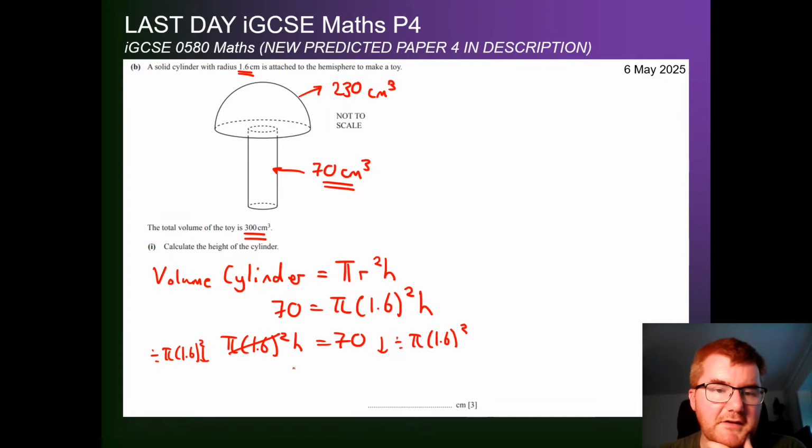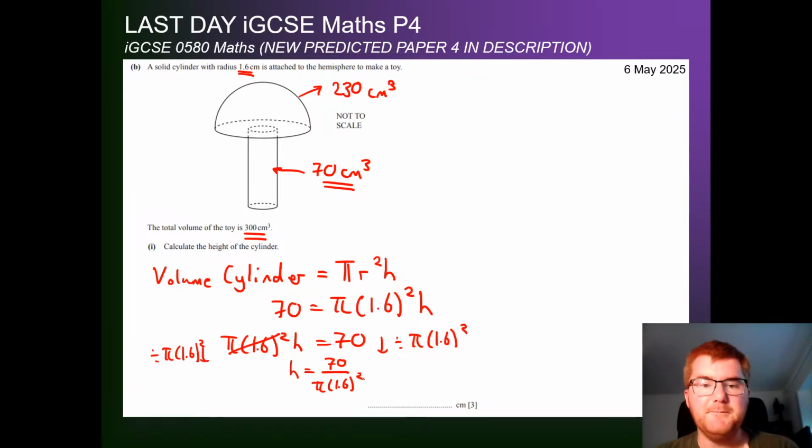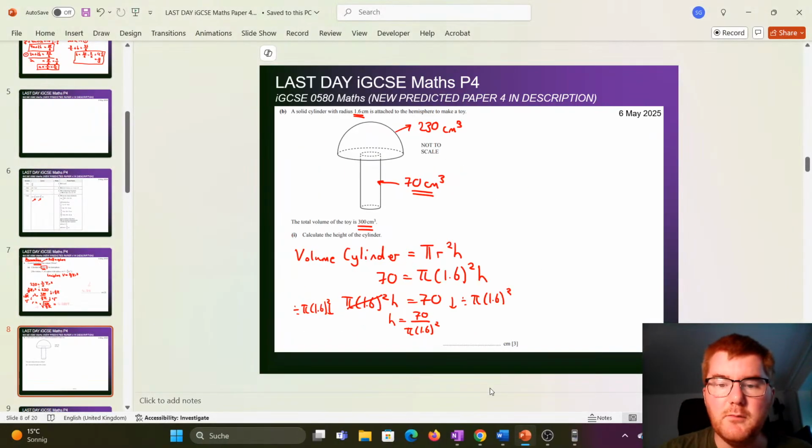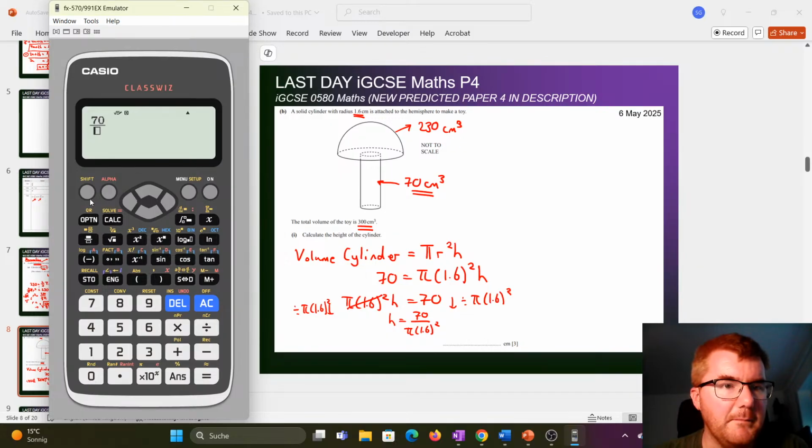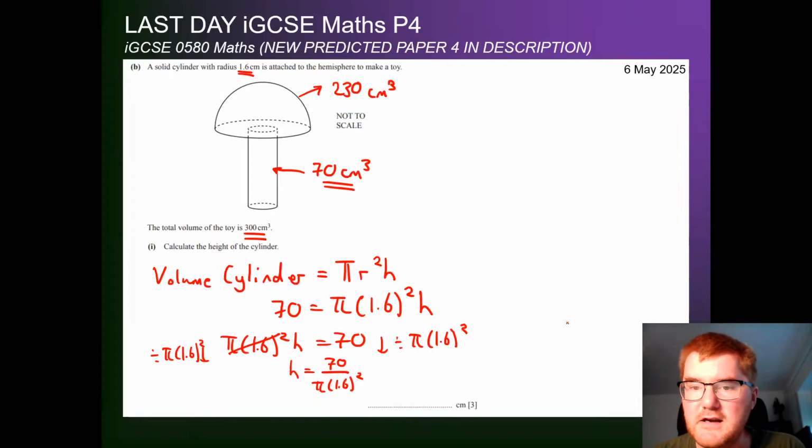So this cancels, giving us just h. And notice, I'm not rushing to my calculator until the very last point. Only at this point will I go to my calculator: fraction button, 70 over, pi button, pi times 1.6 squared, press equals, and then we get our answer for the height, 8.703.